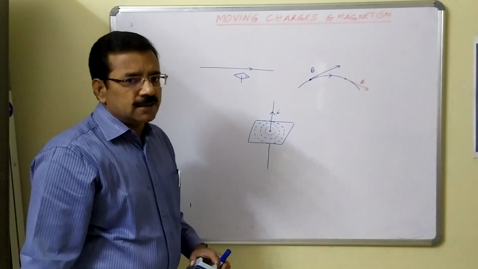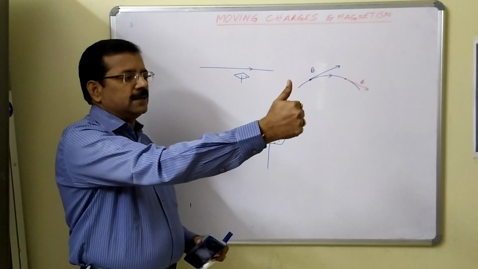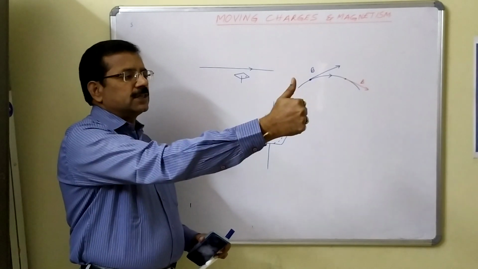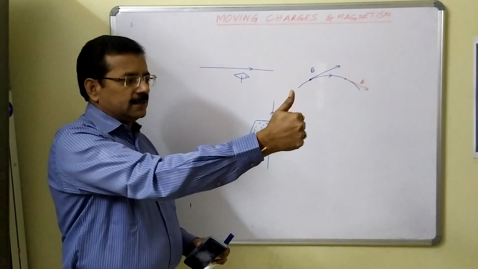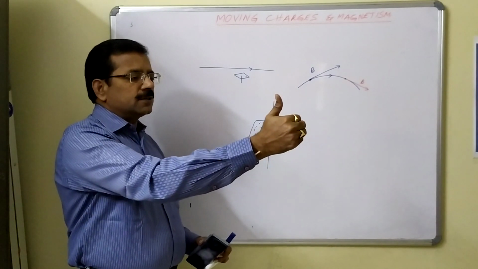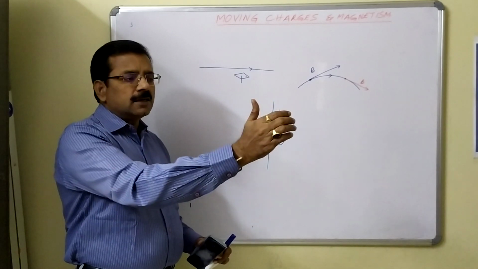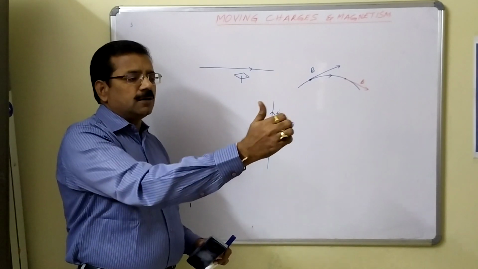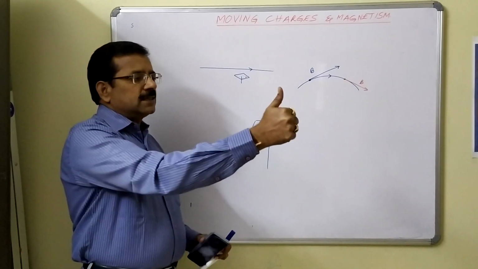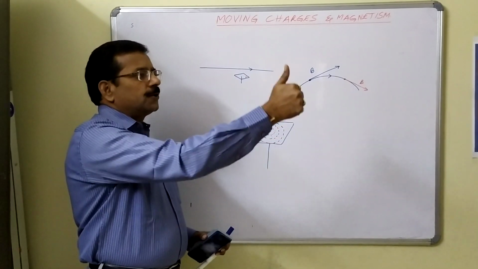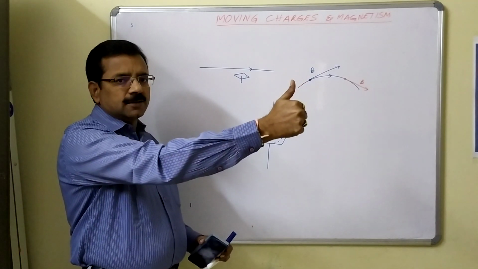According to Ampere's right hand thumb rule, if you hold your right hand in such a way that the thumb points the direction of flow of current, then the direction in which the remaining four fingers curl represent the direction of magnetic field lines.